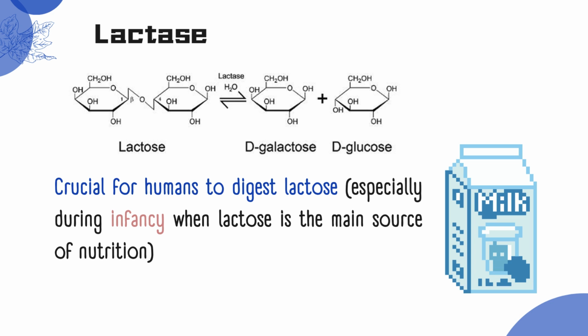This reaction is crucial for humans to digest lactose, especially during infancy when lactose is the main source of nutrition. However, some people suffer from lactase deficiency, resulting in lactose intolerance, a condition characterized by an inability to properly digest lactose.